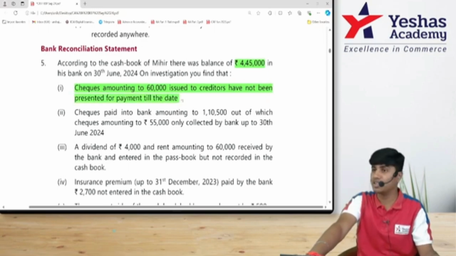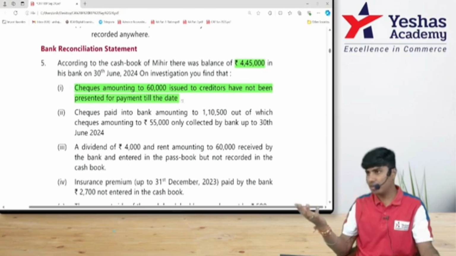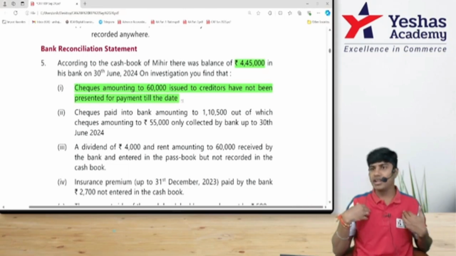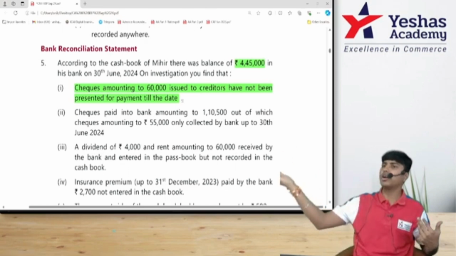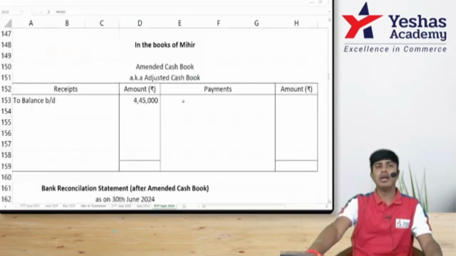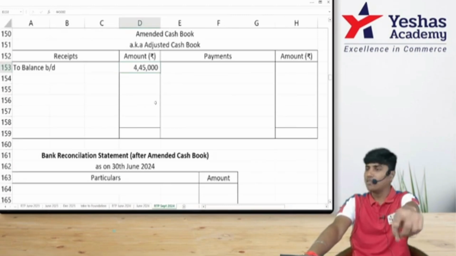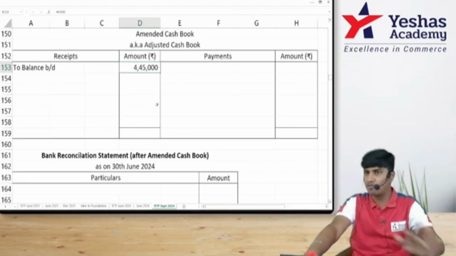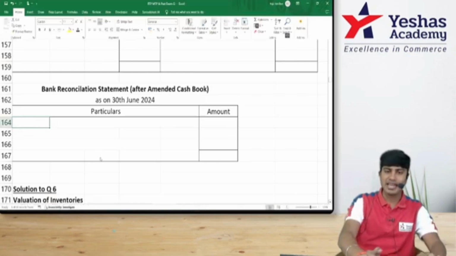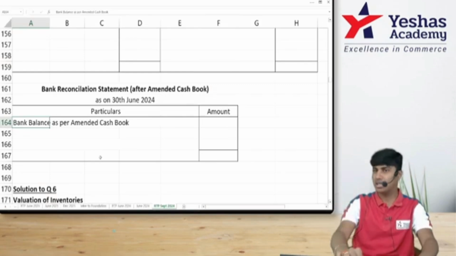This is a timing difference. I have given the check. The check has been issued. So I will write the entry in my cash book, but they have not written it in the passbook yet. Okay. Now listen to me carefully. In my cash book, I will identify the balance to be carried forward to BRS. In my BRS, I would write balance as per amended cash book as the starting point.